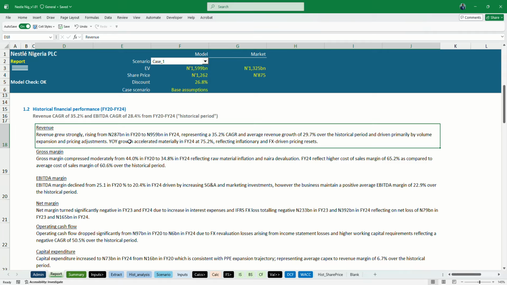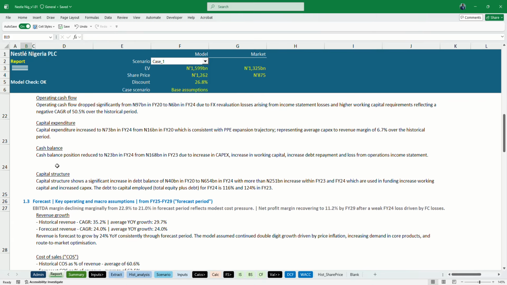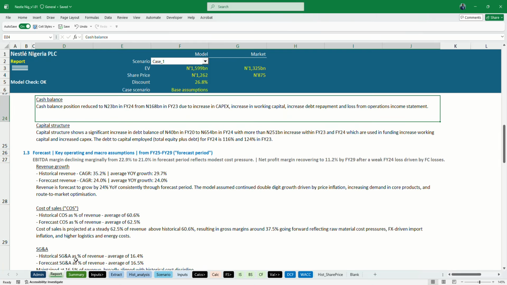So which means we're not just giving the report, we're also giving insight as to why something happened. Year-on-year growth accelerated materially in 2024 at 75.2%, reflecting inflationary and FX-driven pricing reset. So you can read through this. I said this is just a walkthrough. I'll make sure I make the workbook available so you can read through this.